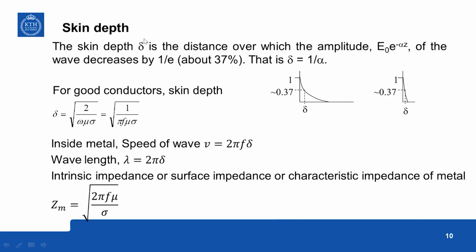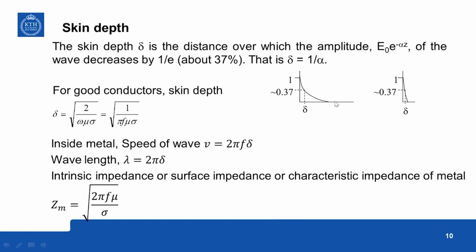So skin depth delta is defined as the distance over which the amplitude E0 e to the power of minus alpha z of the wave is decreasing by 1 by e, where e is the base of the natural logarithm. So 1 by e is equivalent to 0.37.